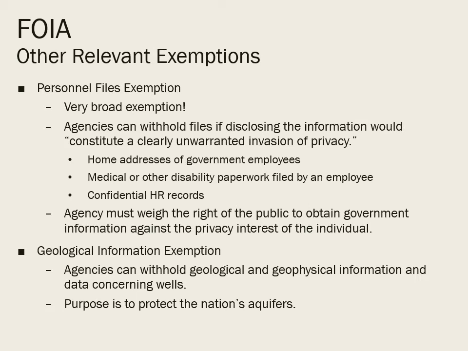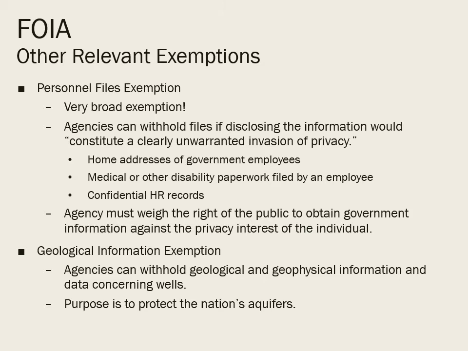There are some other relevant exemptions for our purposes. Those would be personnel files and geological information. So personnel files, obviously, all agencies have them. The exemption for them is fairly broad. It applies to records that contain personnel information, and that also includes some medical information or general private information.